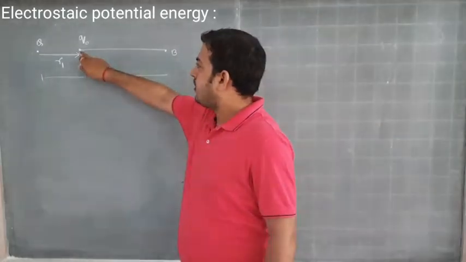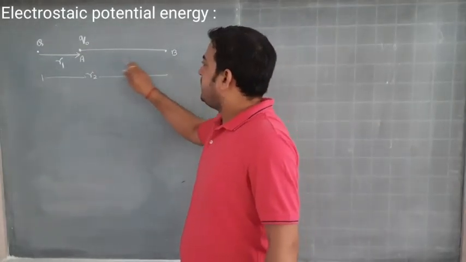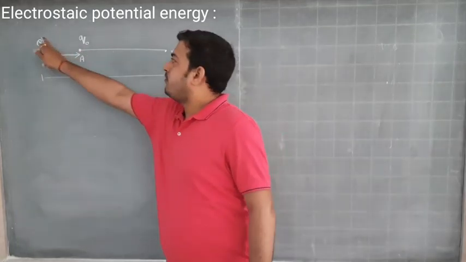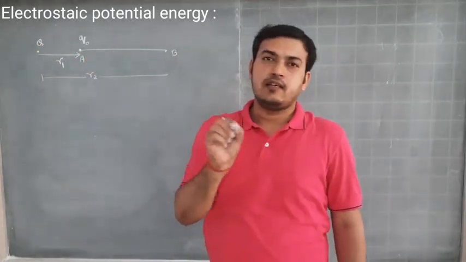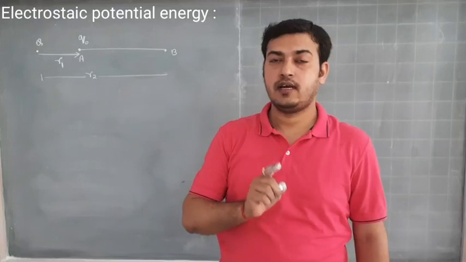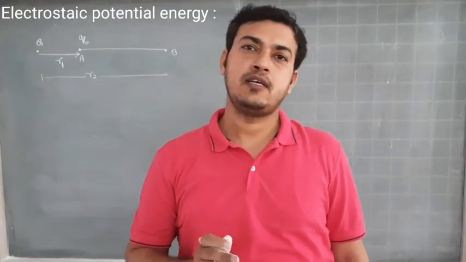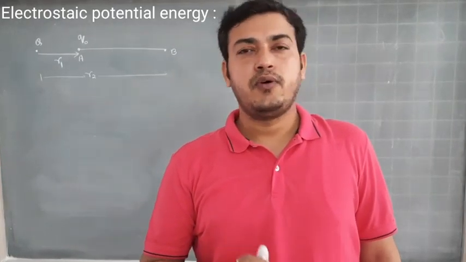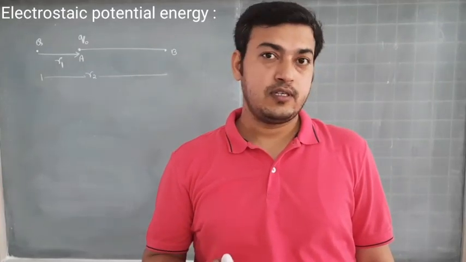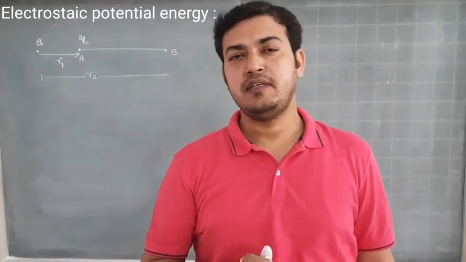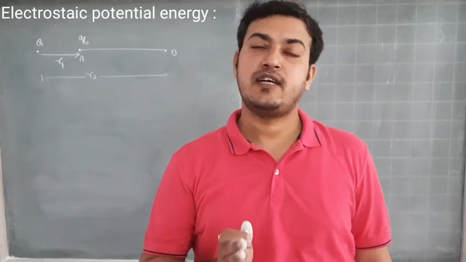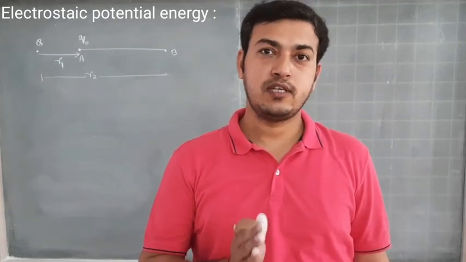So when my test charge moves from point A to point B, the electric field of this charge will gradually decrease. And if the electric field decreases, it means the electric force also goes on decreasing. Since the force is continuously decreasing, it is not a constant force here. So the force is variable.